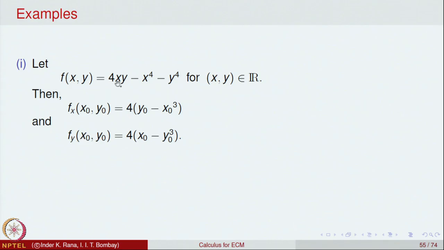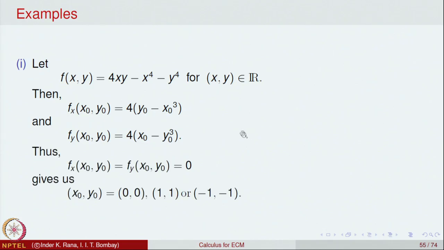The partial derivative with respect to x will be 4y − 4x^3 at the point (x0, y0). Similarly, the partial derivative with respect to y will be 4x − 4y^3 at the point (x0, y0).